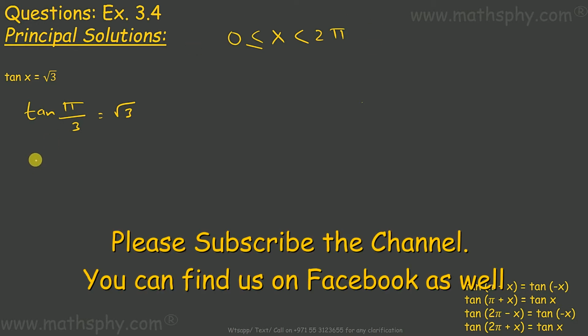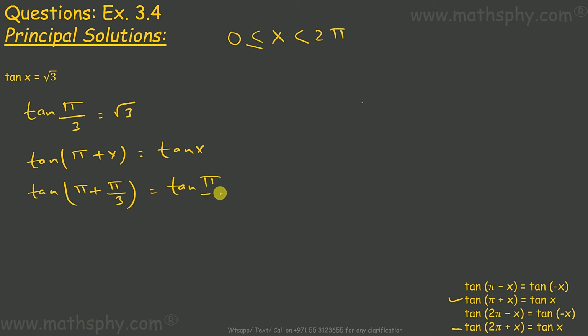Alright. The second solution: we know that tan(pi plus x) equals tan x. This formula here we cannot use directly because x has to be less than 2 pi, and this will give me more than 2 pi. So tan(pi plus pi over 3) equals tan pi over 3.